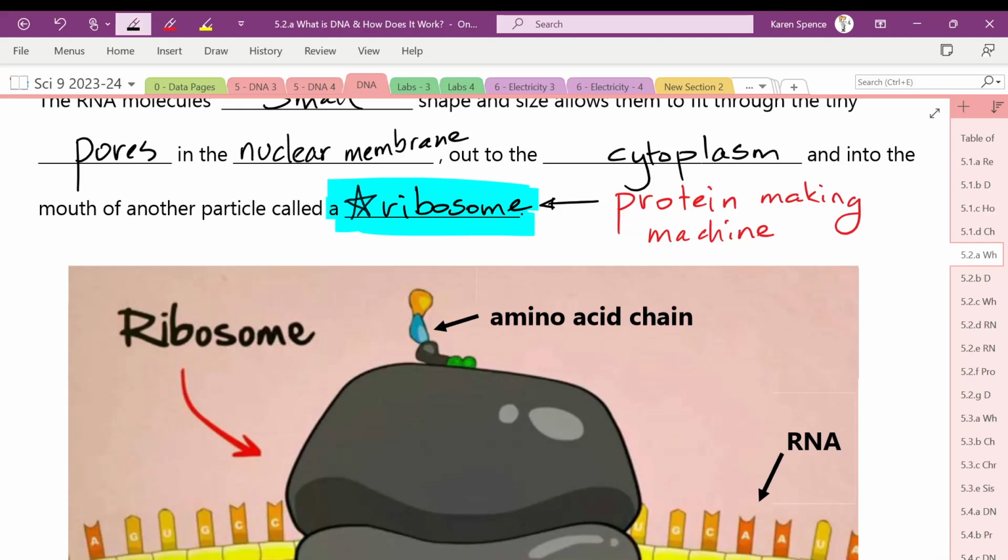So what does it do? It reads the RNA code. And by reading that code, it can line up the amino acids in the correct order. It can assemble the amino acids in the correct order.